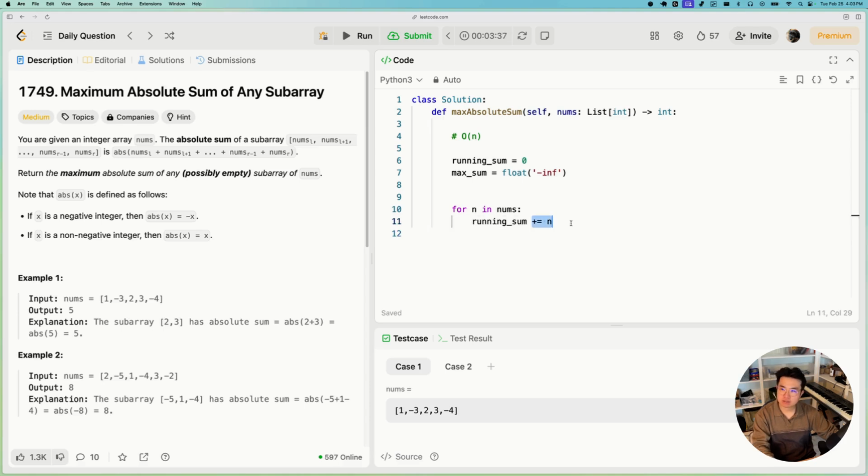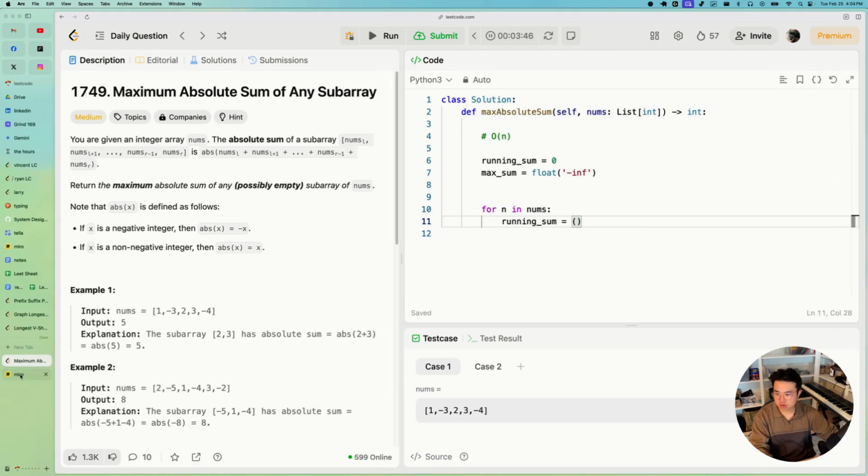Actually, I think the running sum can be a couple things, right? It could either be, wait, maybe I'll draw this.